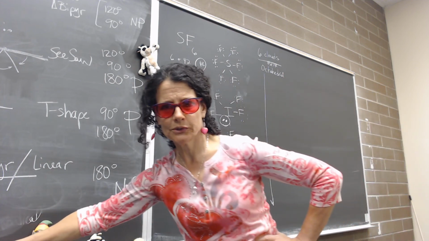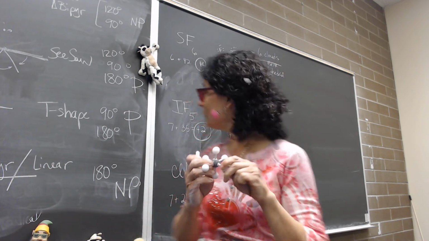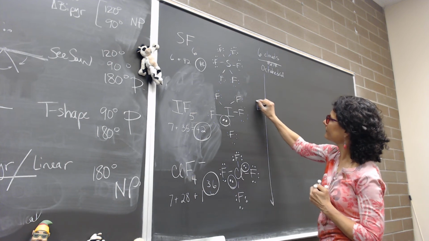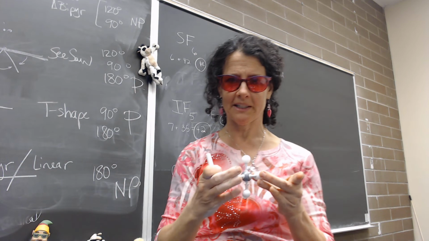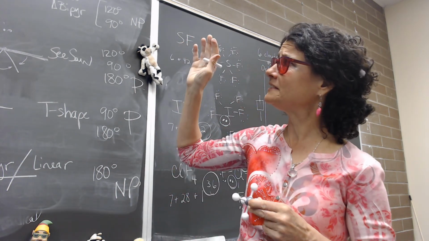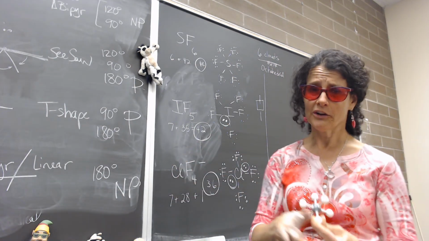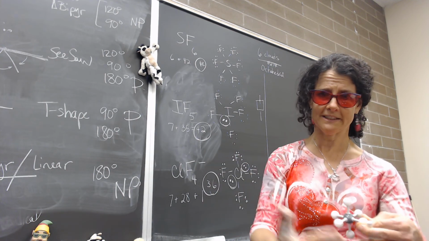What an octahedral looks like is this. It is a square and something above and something below. So it's a square-based bipyramid. Instead of saying square bipyramid, we call it an octahedral. It's called an octahedral because there's 4 faces at the top and 4 faces at the bottom.